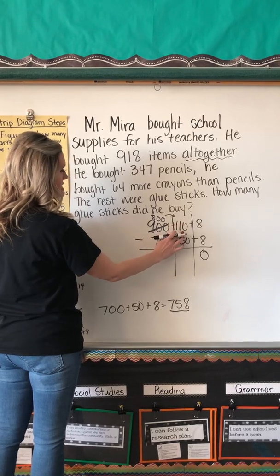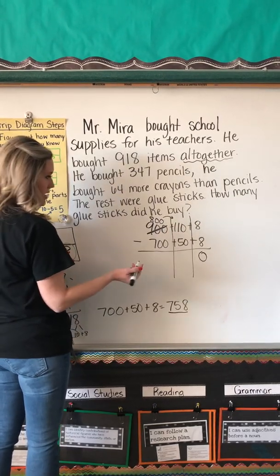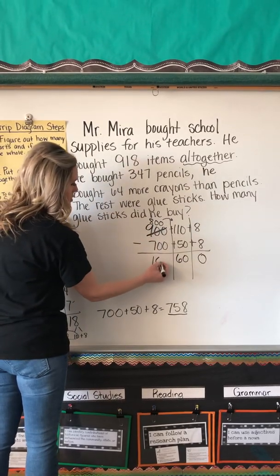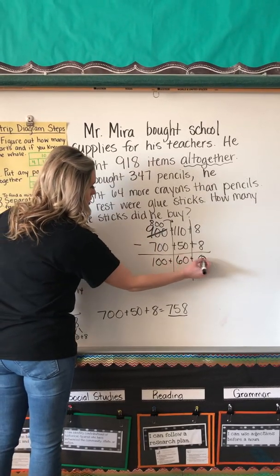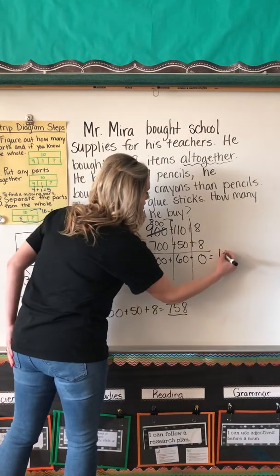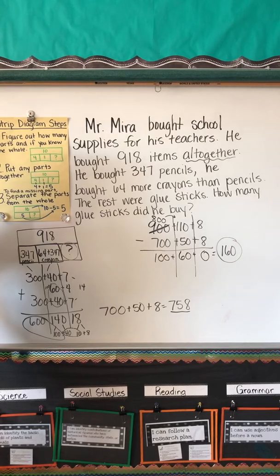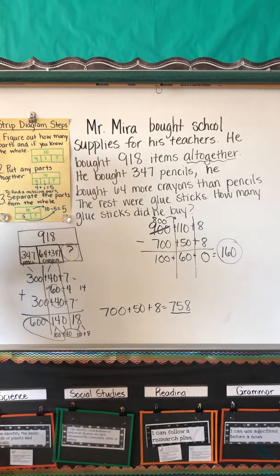So now instead of a 10, it's a 110. And I can do that. That's 60. 800 minus 700 is 100. So 100 plus 60 plus 0 is 160, and that is my final answer. Mr. Mira bought 160 glue sticks for his teachers.